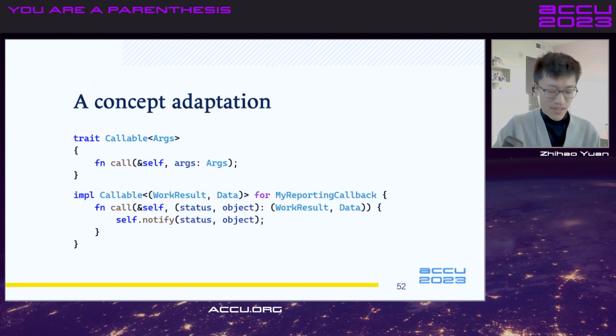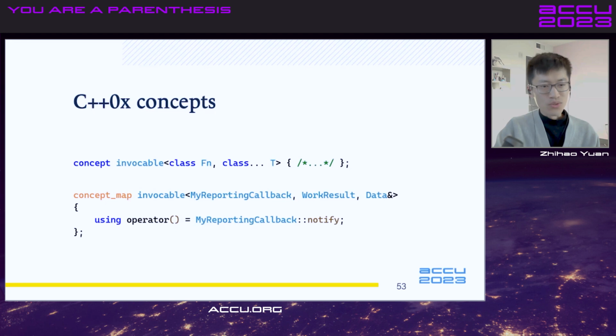In the C++ case, although we cannot do it using C++20 concepts, we could do that using C++0x concepts, where concept adaptation is explicitly supported. Although, of course, ten years ago, the syntax was not that nice. The syntax I borrowed is Richard Smith's generalized alias syntax. But I hope you get the idea. The concept map in C++0x is an impl block in Rust.